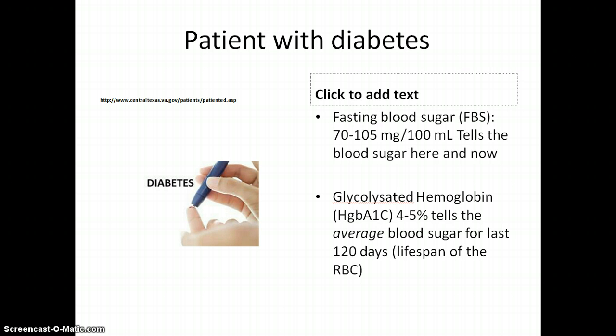Our patient with diabetes, then, oftentimes we will get a fasting blood sugar if we believe that the patient is hypoglycemic. That's the one where their skin is cold and clammy, needs some candy. Or if they're hyperglycemic, the skin is very dry, and they will be exhibiting problems based on their blood sugar, and we would want to check a fasting blood sugar immediately and then know what action to take based on that.